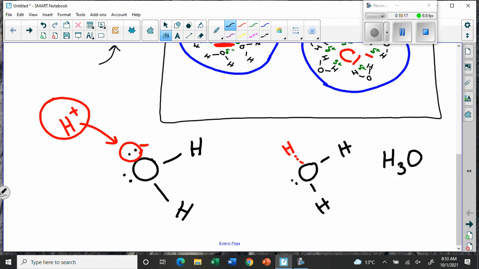Because we've added this extra positive thing to it, and no electrons came with it. That means if you start adding up all the pluses and minuses inside there, there'll be an extra plus. So this becomes an ion that has a plus charge. He's called the Hydronium Ion.